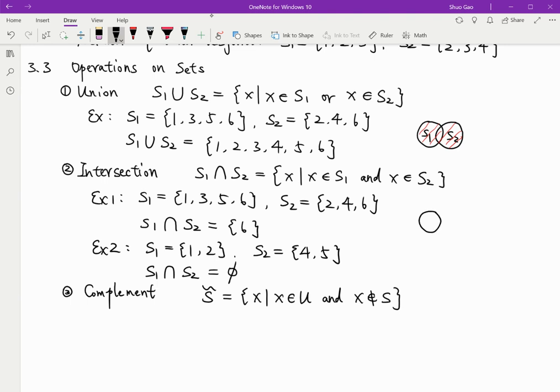So the intersection should be something like this. Let's draw a little bit bigger. This is S1, this is S2. So the intersection is in the middle.